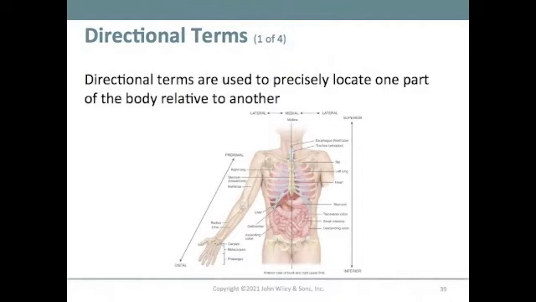Superior and inferior: superior means higher, inferior means lower. So your ears are superior to your heart, and your pelvis is inferior to your heart. Now, that doesn't mean that your pelvis or your heart or your ears are any less important than one another.